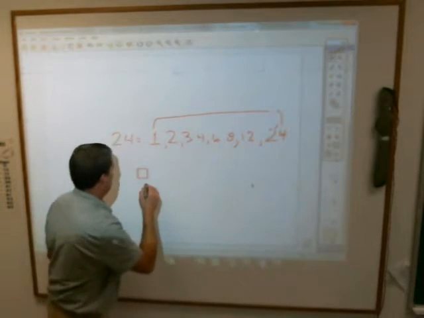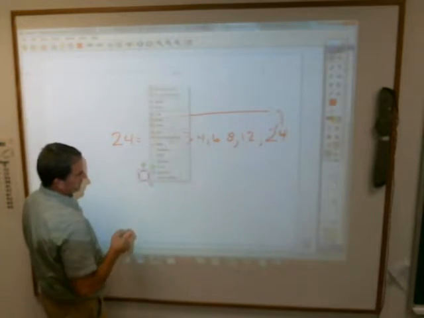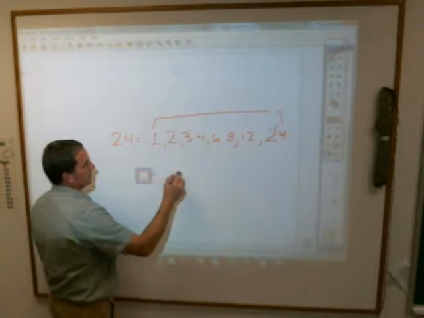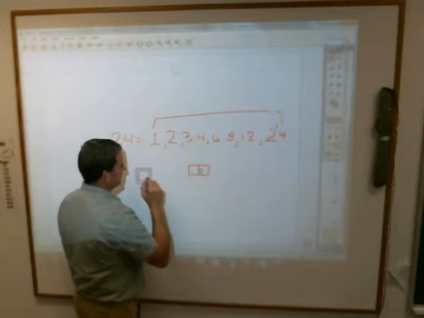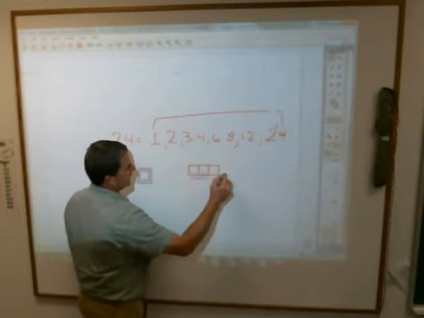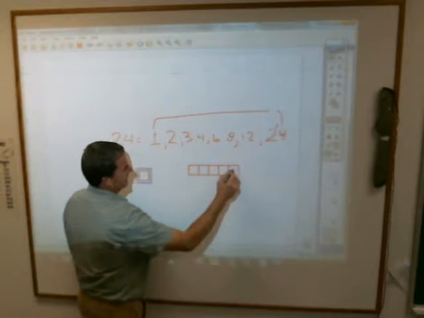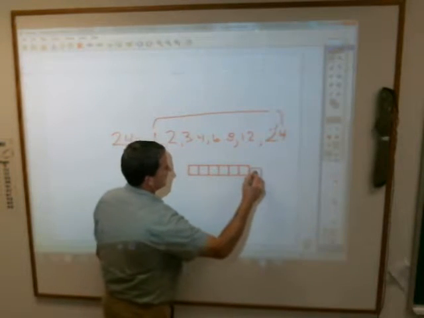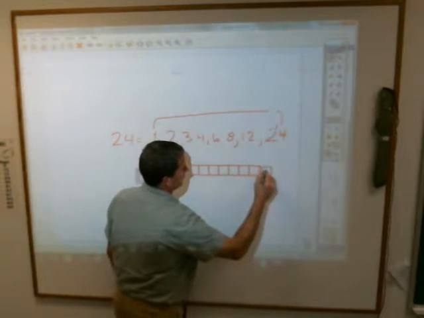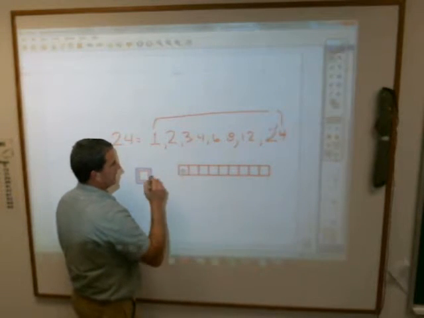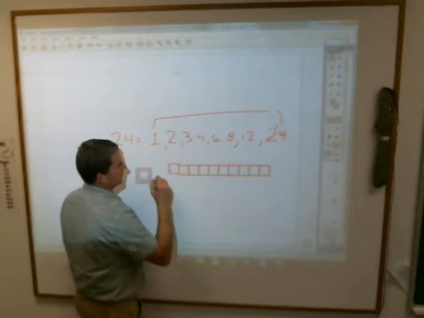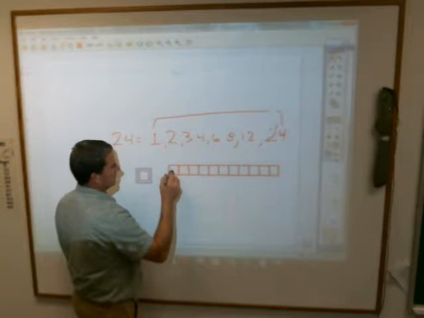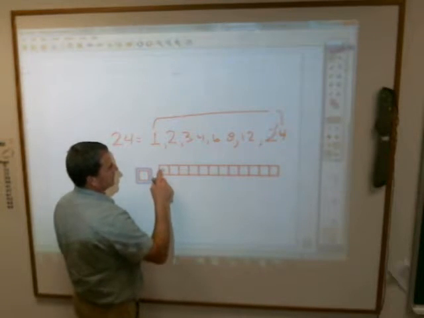Let's say you've got a 1 by 12 rectangle. 1, 2, 3, up to 12. Does that look like 12?